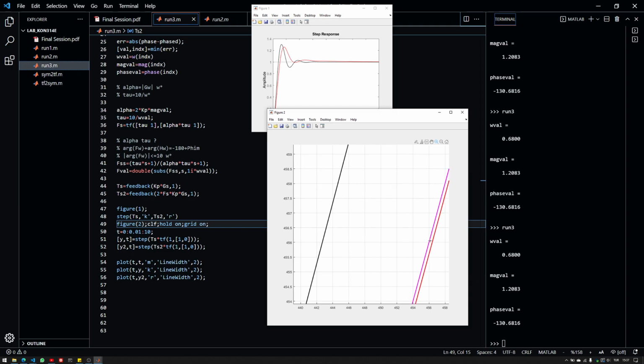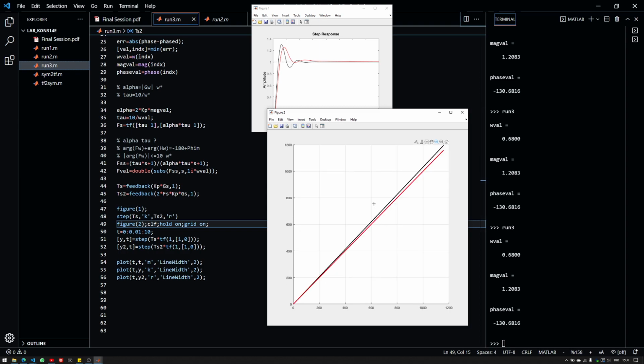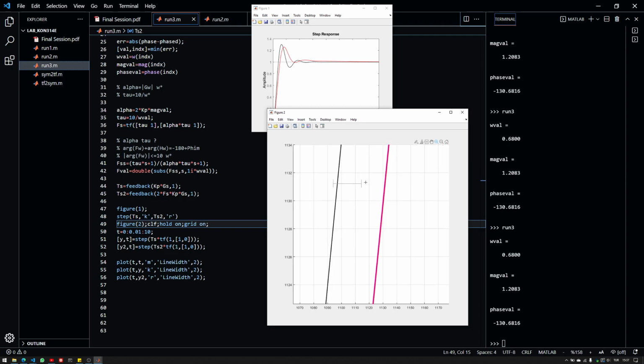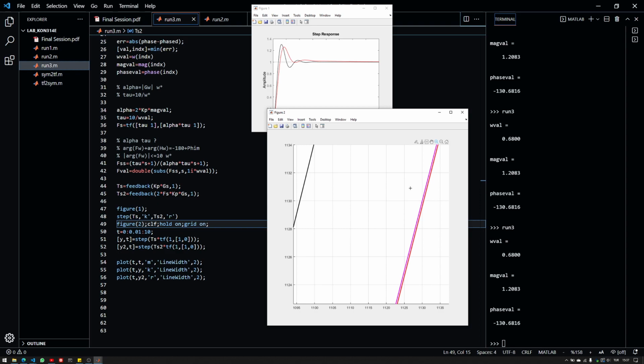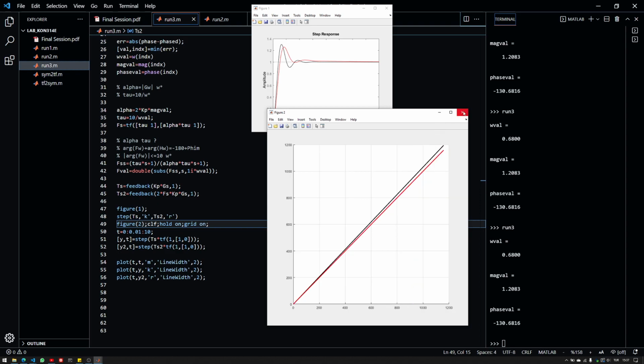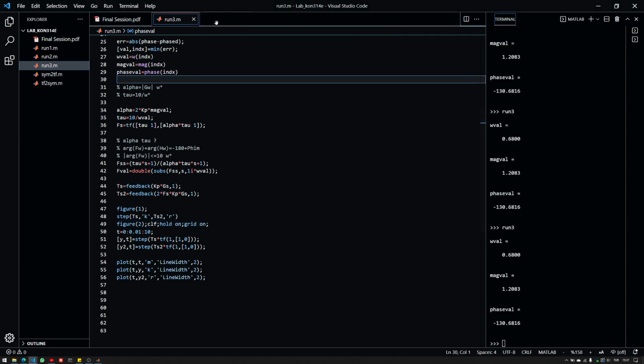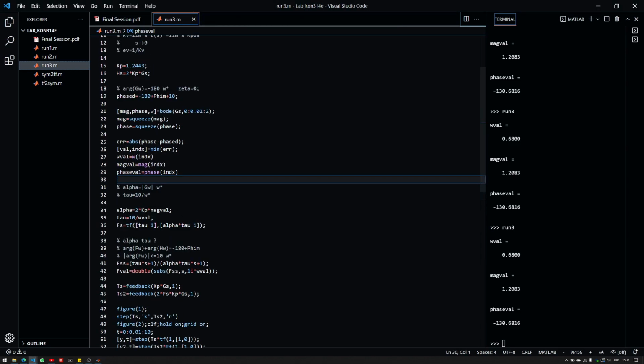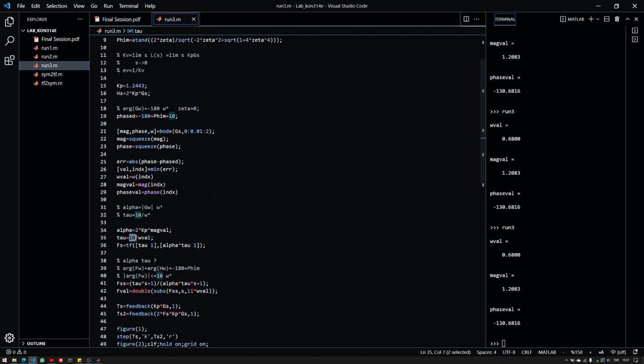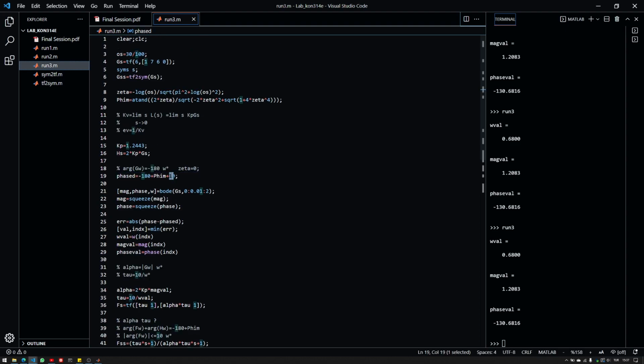So it seems like we have a closer response, and I'm not sure if it's the half because it seems to be more optimistic, and it seems like it is far, far better than what we've tried to achieve here. And the reason behind that is probably this value here, this assumption being less than or equal to 10. So let's update it a little bit.